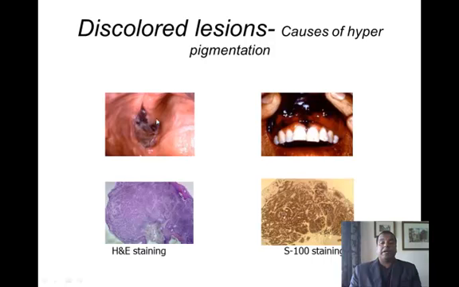These are some examples of discoloured lesions, melanoma, and you get an H&E, hematoxylin and eosin stain, showing the abnormal melanocytes, and they can be shown through S100 staining as well.